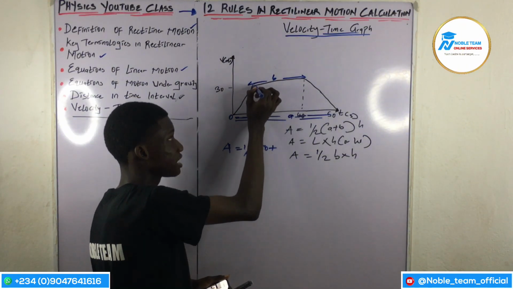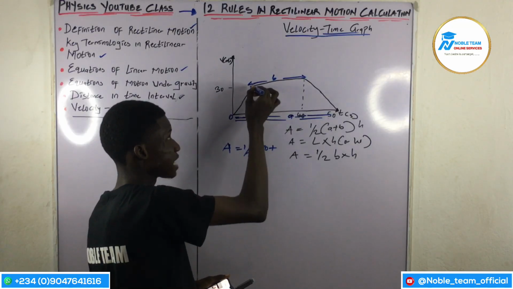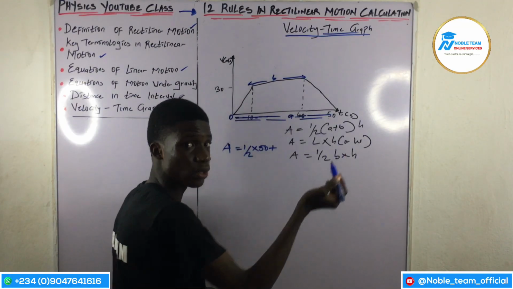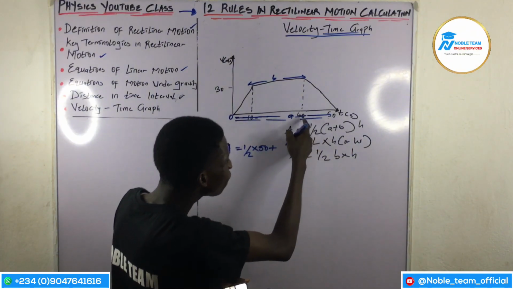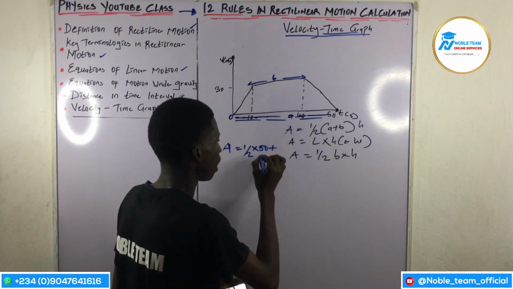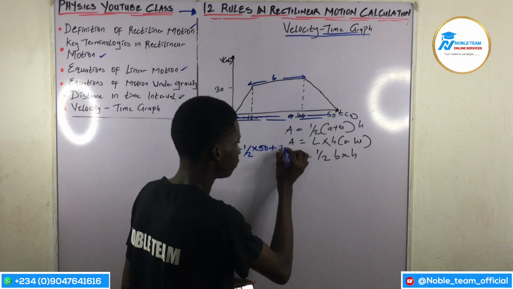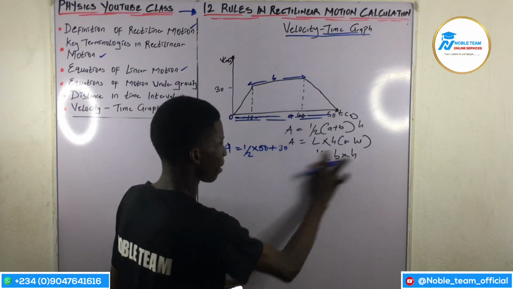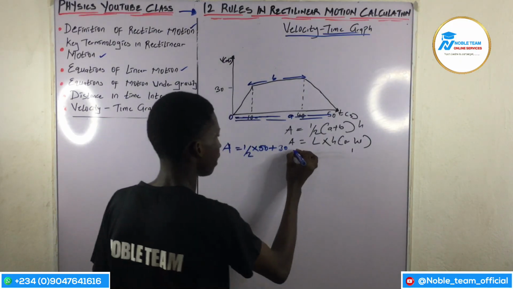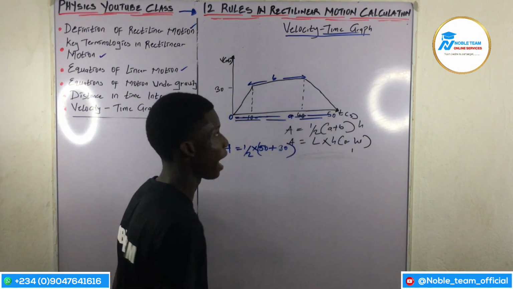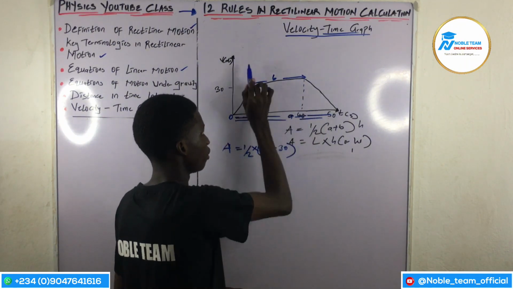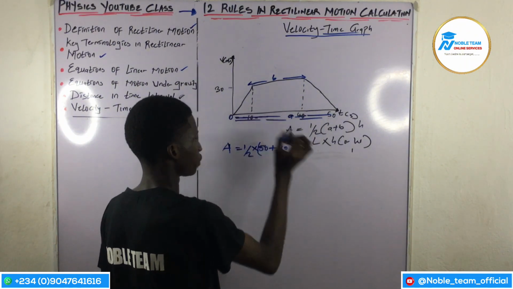This is not a straight line, because it reaches this point and bends. So my B is what? It's 10. It is 40 minus 10, sorry. And it is what? 30. Let me wipe this place out. Then I have to get my height. How am I going to get my height? Remember, this is your height, and it is here, which is what? 30.